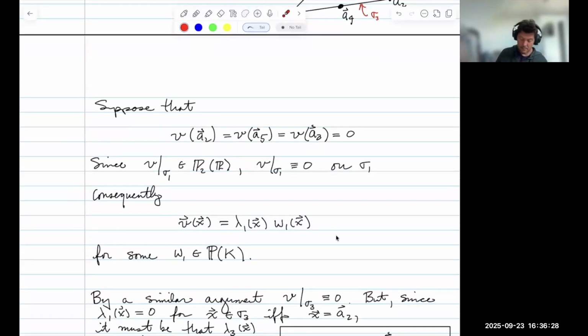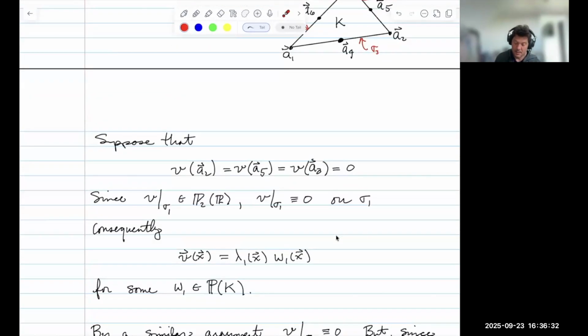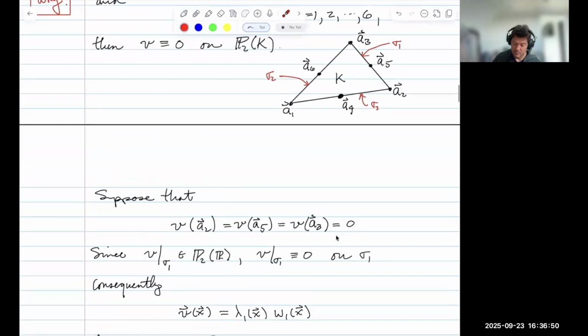Now, what I'm claiming is that V, remember it's a second degree polynomial, must be equal to the factor lambda 1. Remember the barycentric coordinates that I introduced last time. Let's remind ourselves what lambda 1 is.